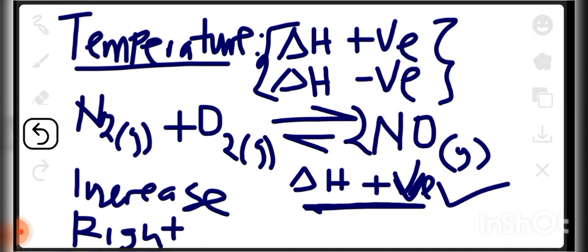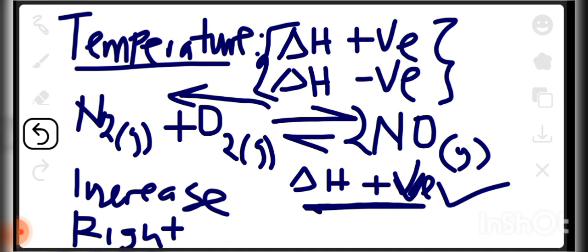For an endothermic reaction, if the temperature is increased, the equilibrium position will shift to the right hand side. You take note of that. So that means for an endothermic reaction, if you decrease the temperature, the reverse will be the case. If increase, we cause it to shift to the right. Decrease, we cause it to shift to the left. So take note of that.